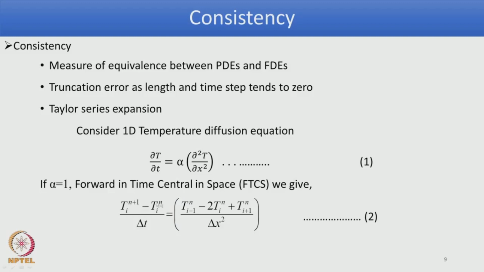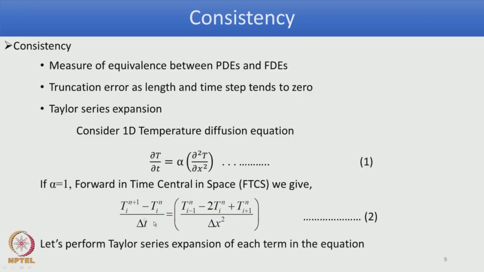Now, on the right hand side we set central in space, but time is at n level. You can see in the expression superscript n appears, whereas the subscript is central in space. So, you get T of I minus 1 minus 2 T of I, known at n, plus T of I plus 1 n, divided by delta x square. This expression we already know independently from Taylor series expansion. Now, we are substituting them together.